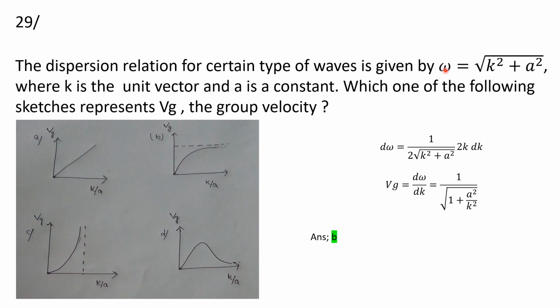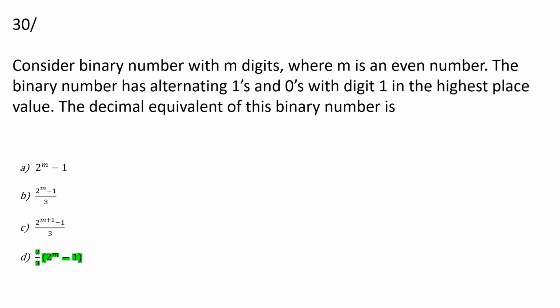In the question it has been given that omega is equal to root K square plus A square. So from here we can get that d omega by dk will be equal to 1 by root of 1 plus A square by K square. So the sketch which matches this value will be option B. So the correct answer is option B.